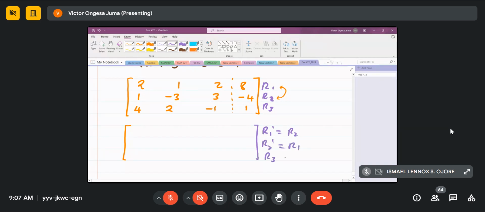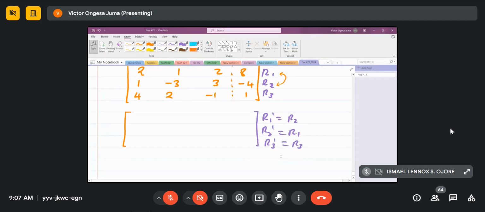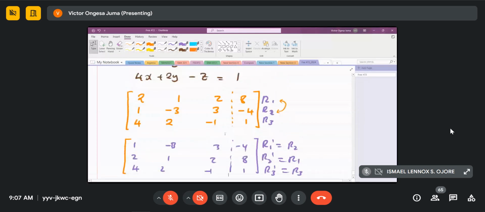And row 3 I've just maintained. And so this will be 1, minus 3, 3, minus 4. And then I have 2, 1, 2, 8. And I have 4, 2, negative 1, negative 1, and 1. So this operation I did might not be necessary.